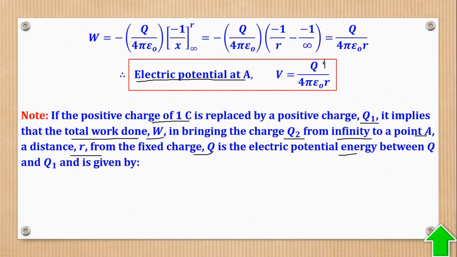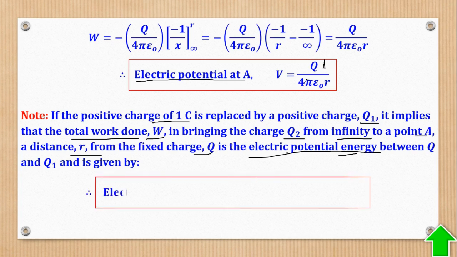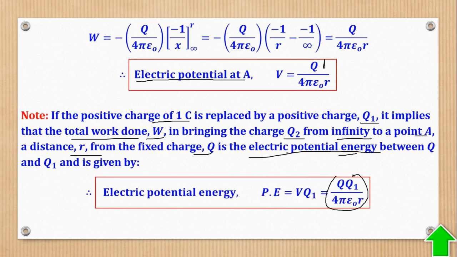But when the charge being transferred from infinity to a point against the electrostatic field is not positive 1, we shall talk about electric potential energy. Therefore, instead of putting 1, we shall put Q1 times Q2, which is this. So here it is no longer 1 coulomb, it is now a certain charge. And when it is not 1 coulomb, that's when we talk about electric potential energy. In other words, it is given by electric potential times the charge being transferred.